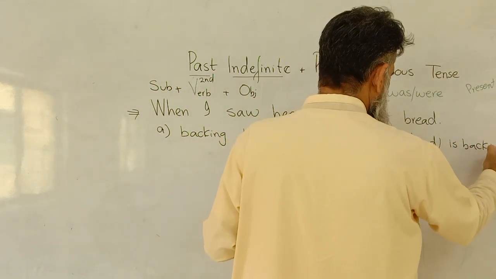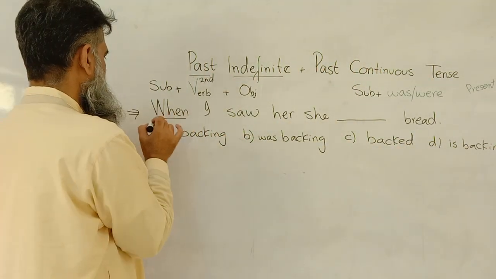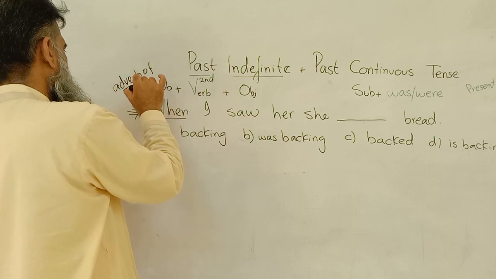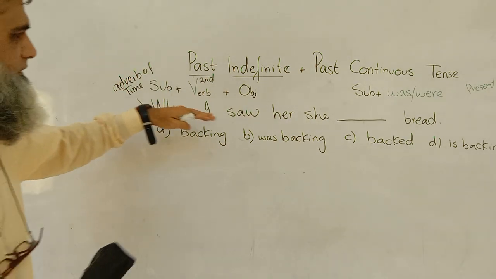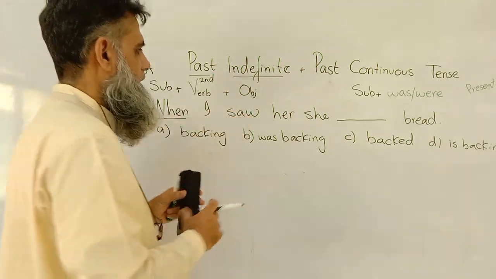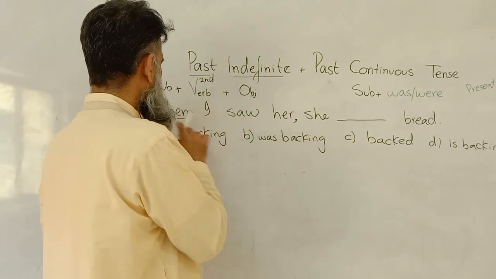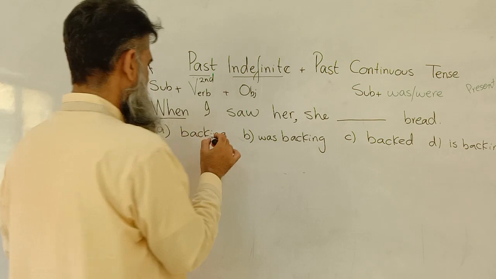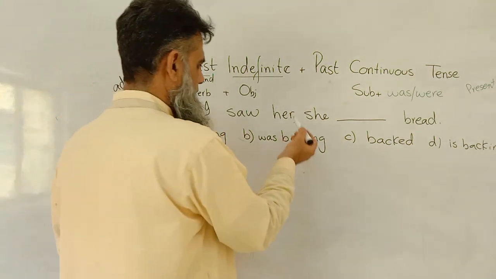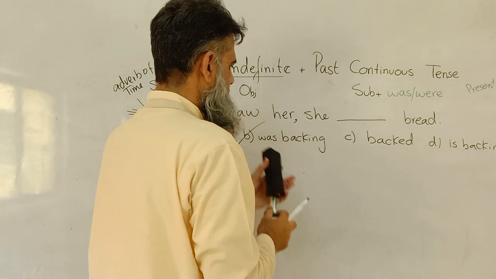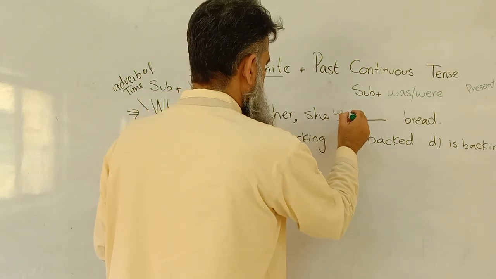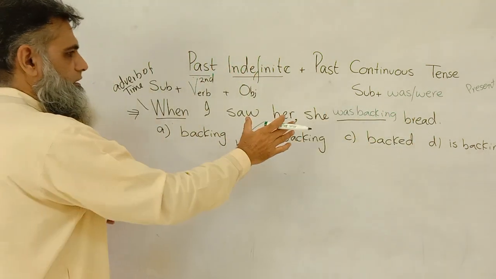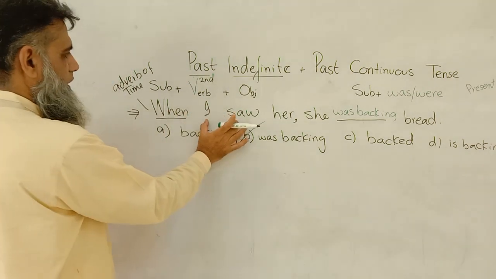Now see, here we have when, the adverb of time, which shows the continuity. When I saw her, here we have a comma, then we have the main clause. When I saw her, she was baking bread. She was baking bread. Similarly, if the second part is complete, you can fill in the blanks.